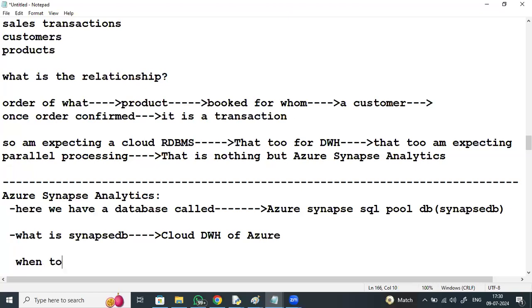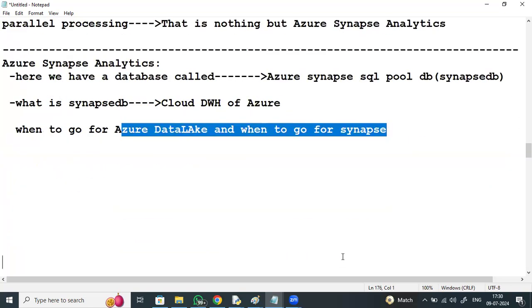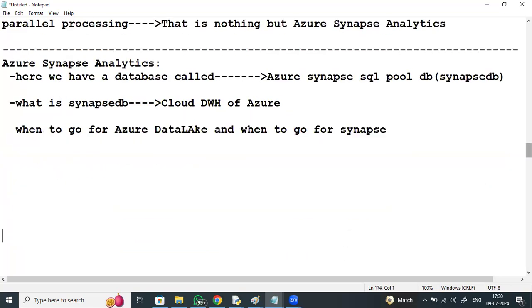See, when to go for Azure Data Lake, and when to go for Synapse?